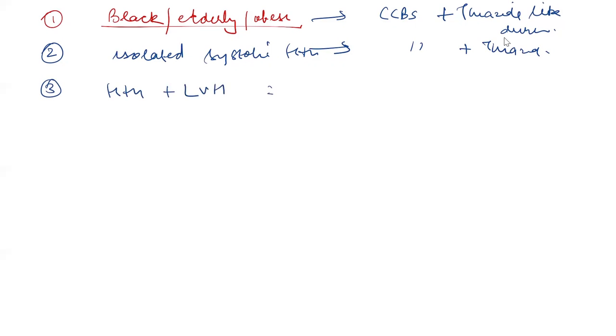Then out of the two drugs that we give, an ARB or ACE inhibitor should be one. Out of ARB or ACE inhibitor, we give one drug only. We never give ACE inhibitor and ARB together, because they prevent cardiac remodeling.